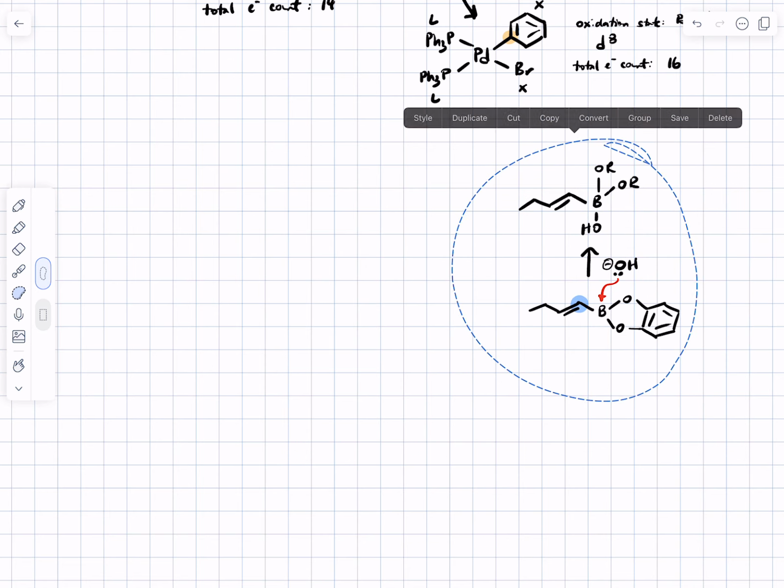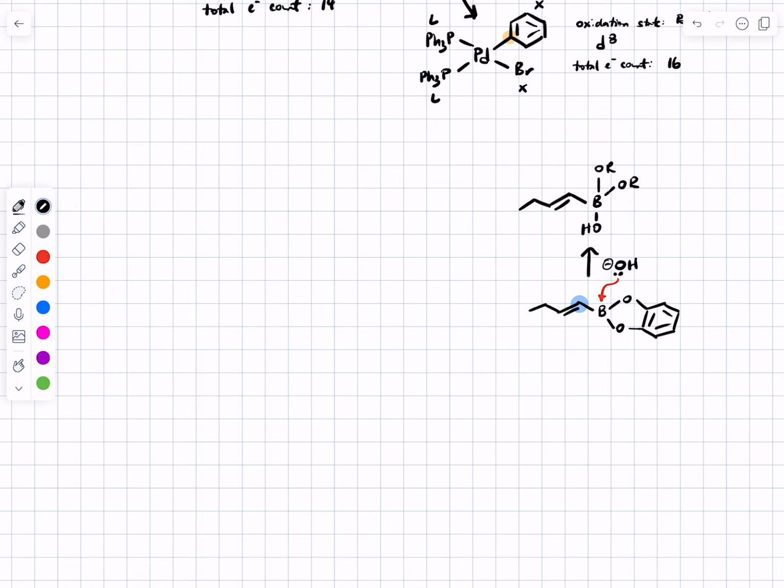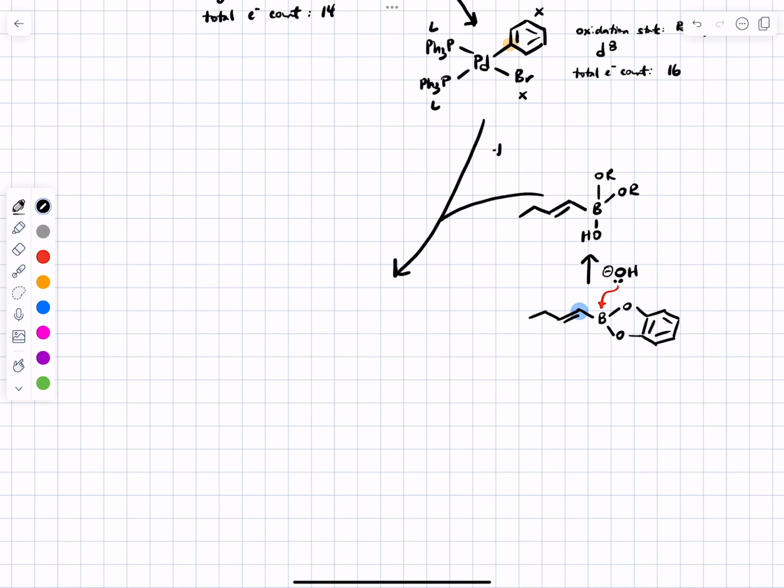This then becomes the substrate for a step that's called transmetallation, which is essentially an exchange of the blue vinyl carbon on the boron for the pink bromo on the metal.